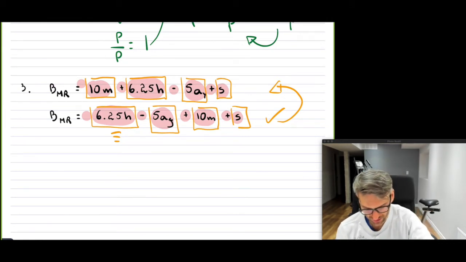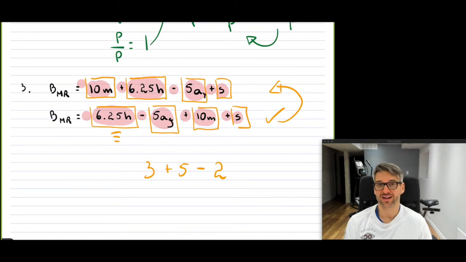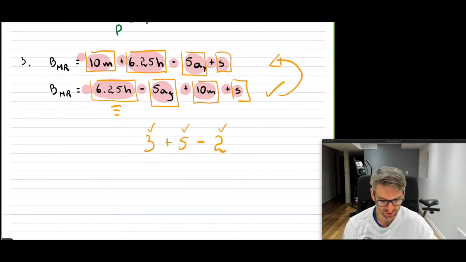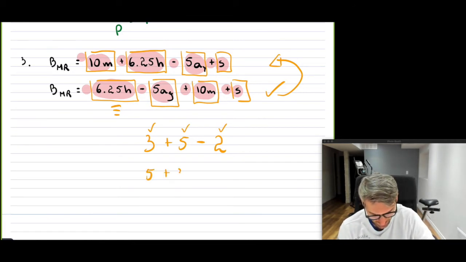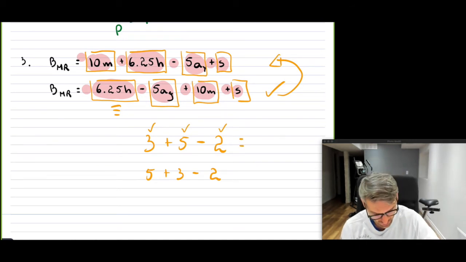You can think back of this as saying, if you write 3 plus 5 minus 2, the order of these actually doesn't matter. You have three terms, the 3, the 5, and the 2, and it just turns out to be a subtraction there. But you could have written this as 5 plus 3 minus 2, and your answer would have been the same. 3 plus 5 is 8, minus 2 is 6.